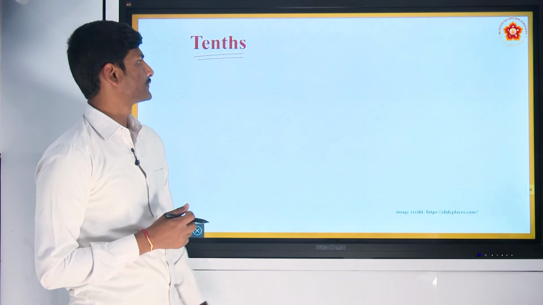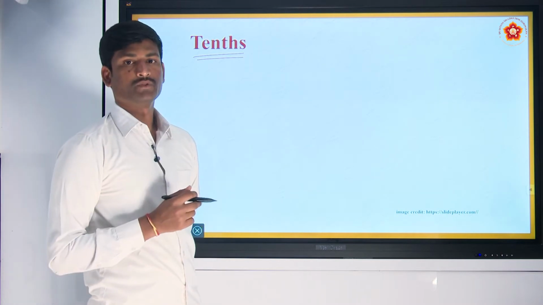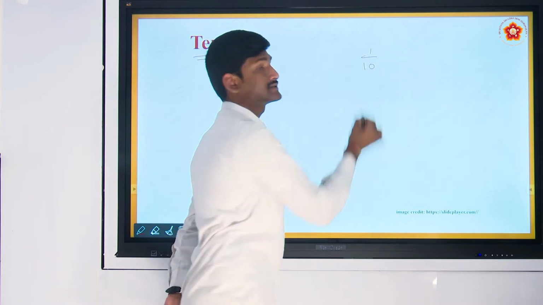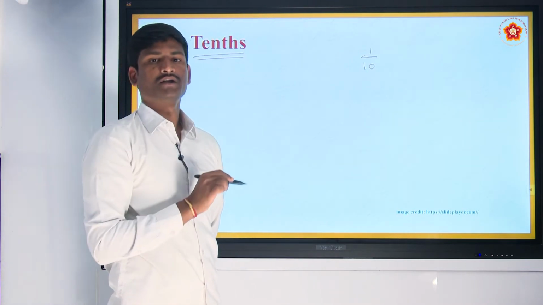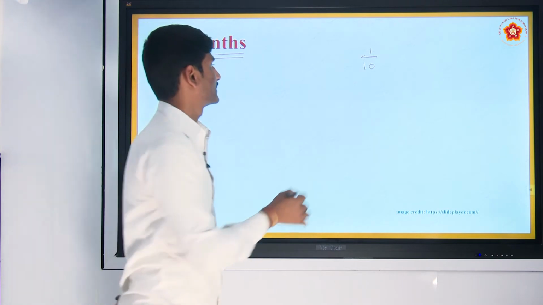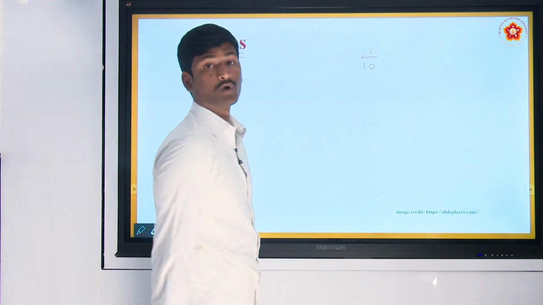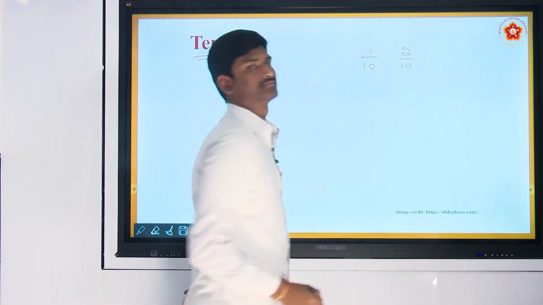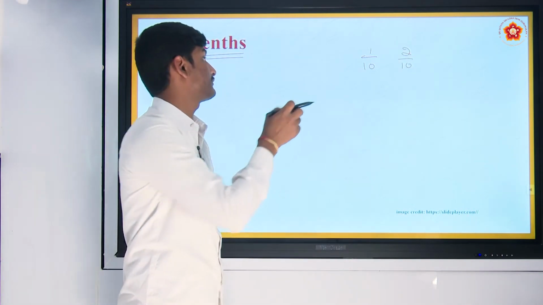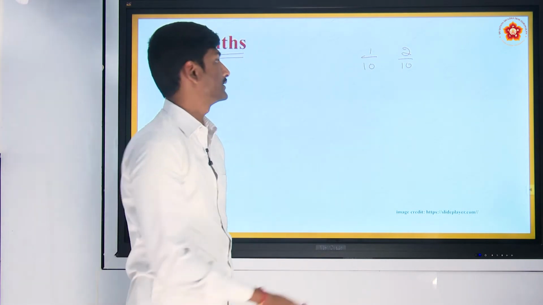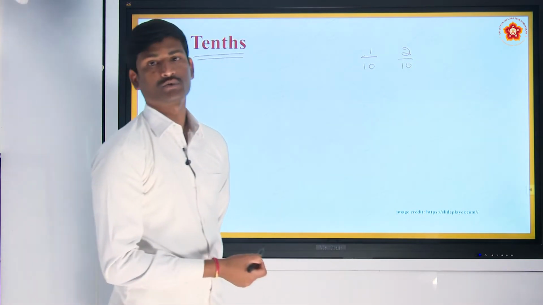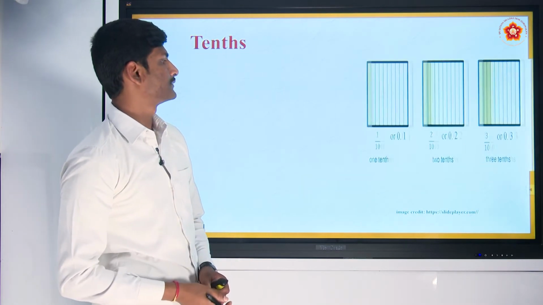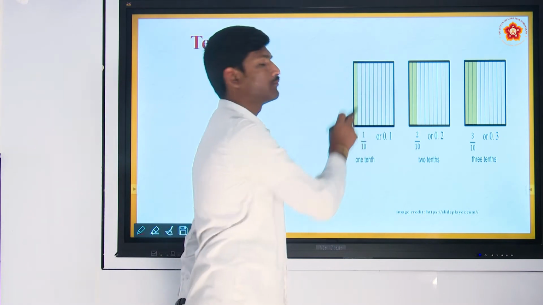Here one student will represent 1 by 10, that is out of 10 students. This is the first student, 1 by 10. Then the second student, 2 by 10. How many chocolates are given to the first student? 1 by 10. And then 2 by 10 for the second student. Here one box.